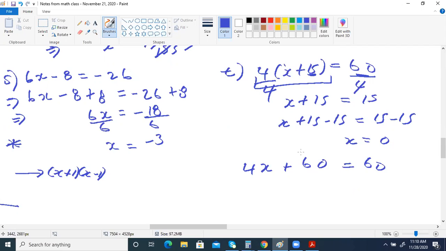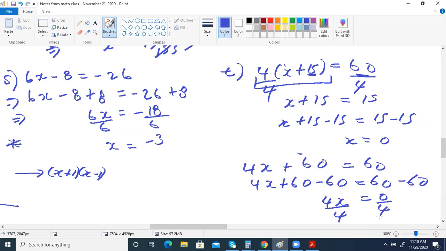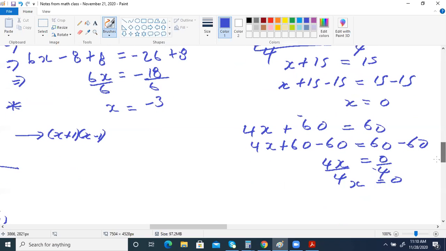And then you subtract 60 from both sides. 60 minus 60 equals 60 minus 60. You get 4x equals 0. Divide both sides by 4. This right here is still 0. So this is x equals 0. Right?